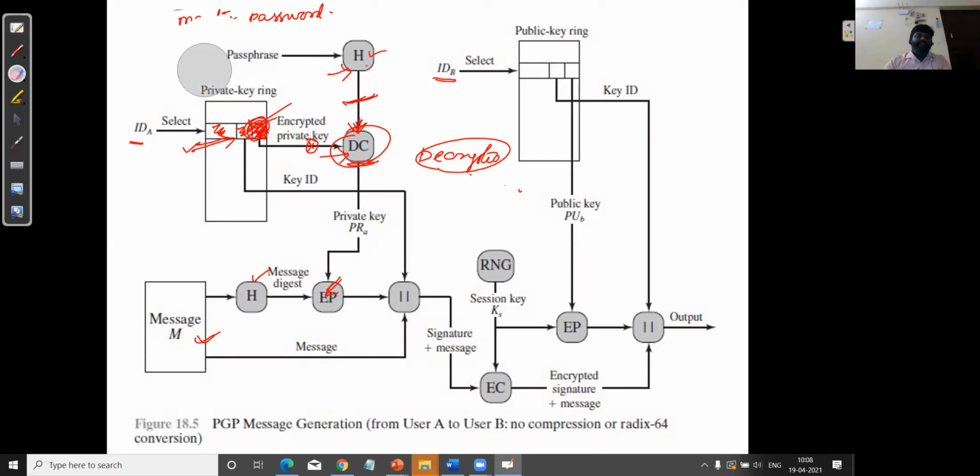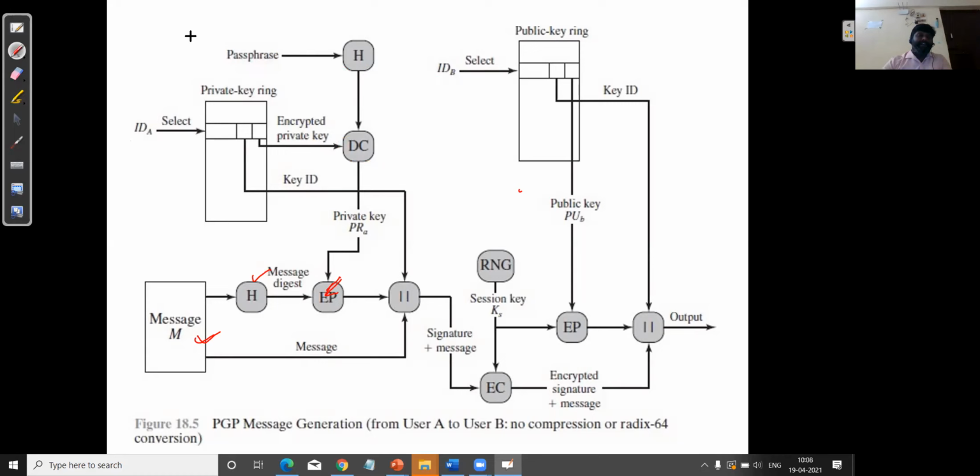I'll repeat. This is a passphrase, or we'll say it is a master password. From the password we apply the hash code. This hash code is used in order to protect the password.